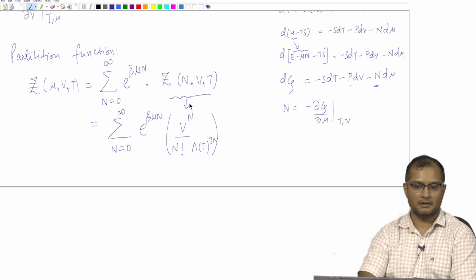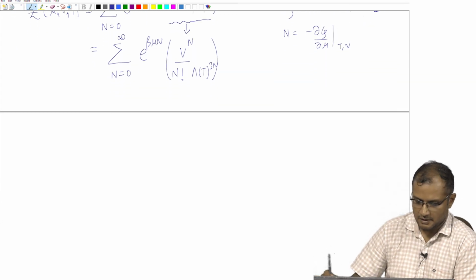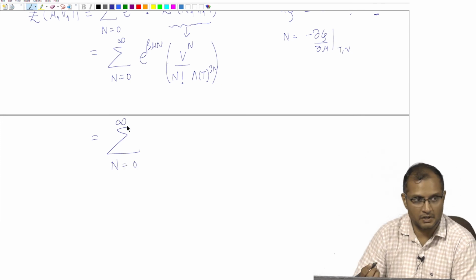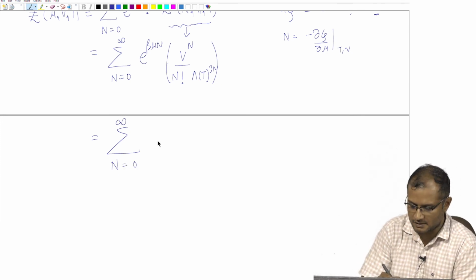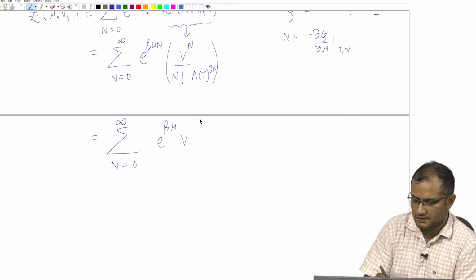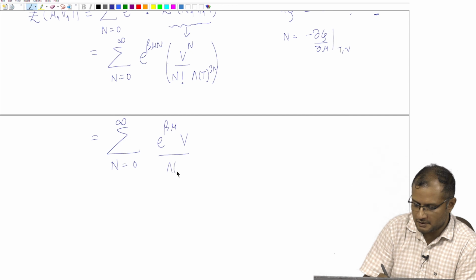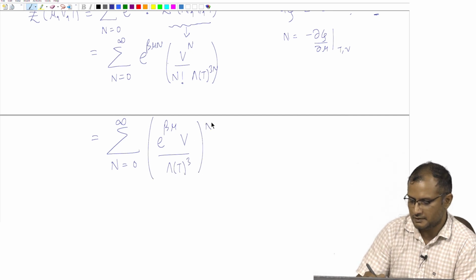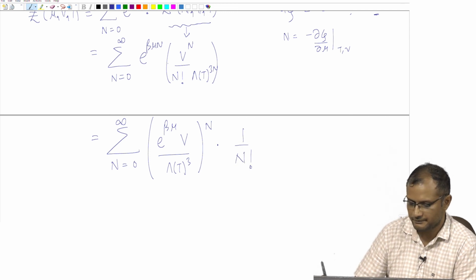All right. And now you can see that this looks like nothing but an expansion of an exponential. So, I can take this as e to the power beta mu into V over lambda_T cubed, the whole to the power n, into 1 by n factorial.